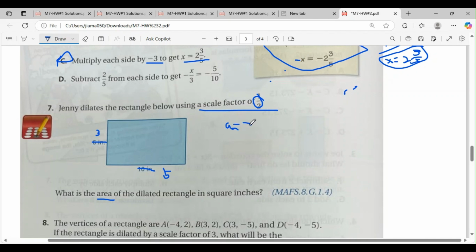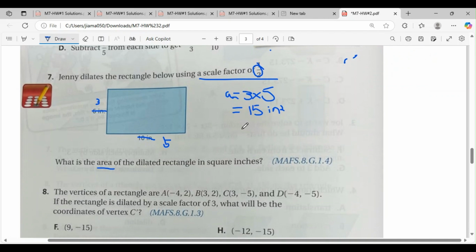Area equals 3 times 5, which is 15 square inches. So this is our answer.